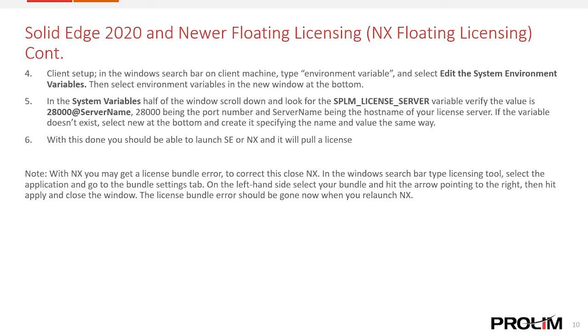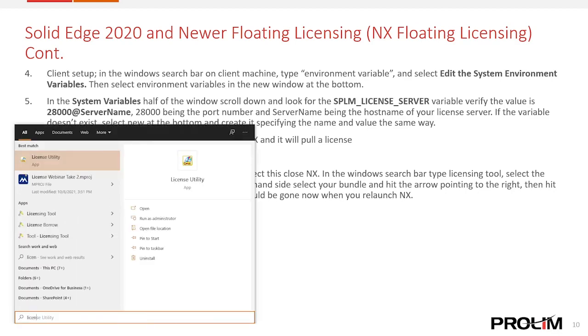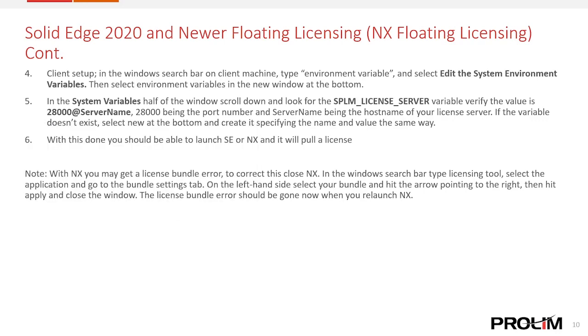And something else as a quick note, with NX specifically, there's this thing that you'll get when you first launch NX if you don't have a special bundle that just automatically applies, like mine does with a demo bundle. You'll probably get a license bundle error when you first launch it. And this isn't a licensing error. This is just NX saying, hey, we need to know which license you want. So what you would do is you go into the Windows search bar and type in licensing tool.